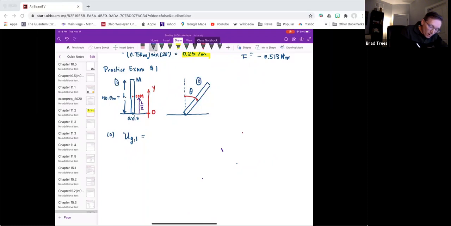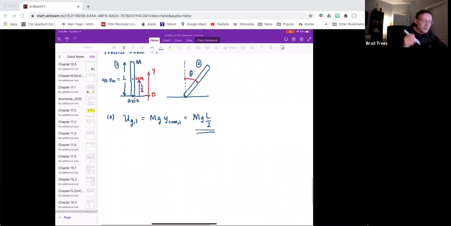So UG1 is mg y center of mass in picture 1. So that's mg L over 2. And now we have an expression for the initial gravitational potential energy of the system. And we've done part A.